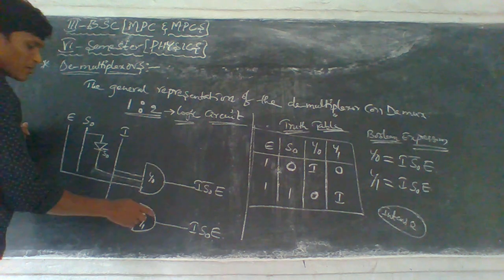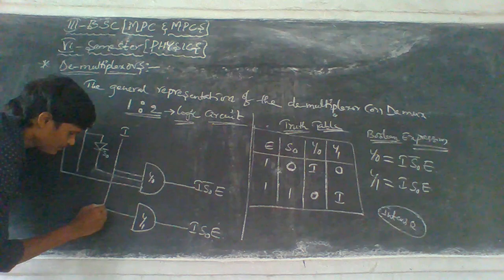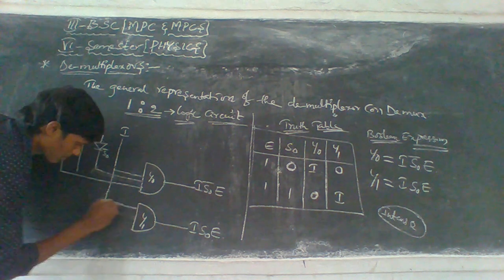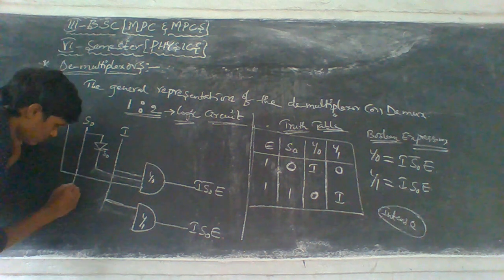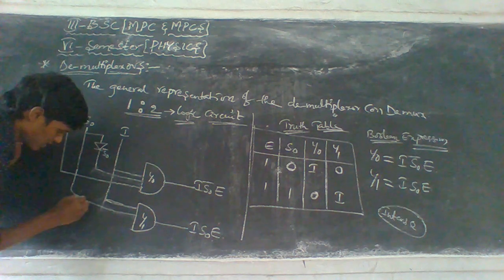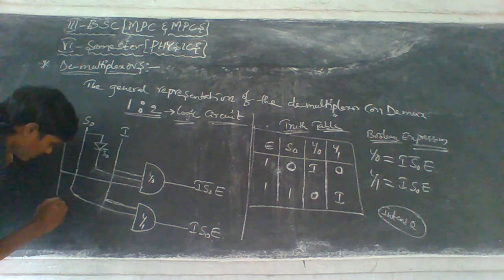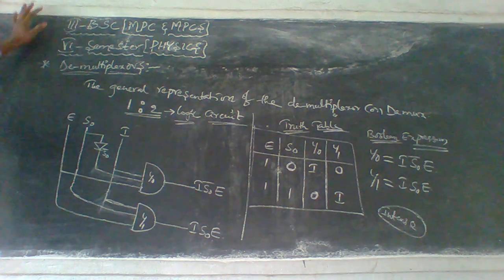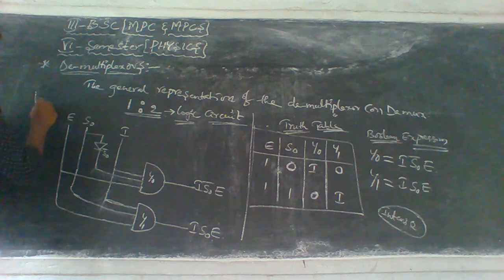Then for Y1, I is connected to the Y1 gate, S0 is connected to the Y1 gate, and E is also connected to the Y1 gate. Are you clear? So this is the logic circuit.